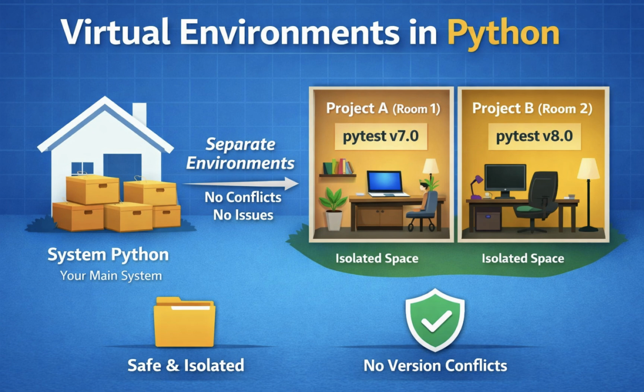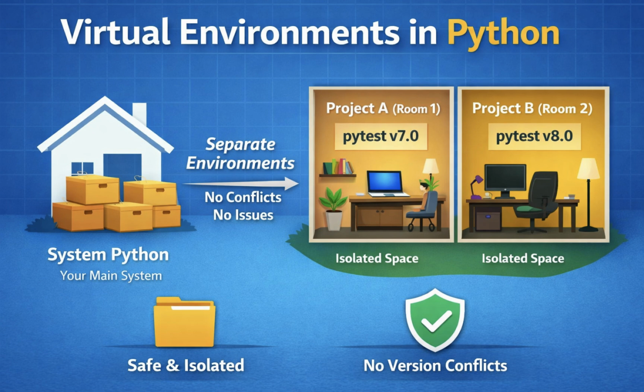So with virtual environments, project A has its own room with PyTest version 7 and project B has a different room, that is a virtual environment, with PyTest version 8. This way they don't interfere with each other, there is no conflict, everything works smoothly. So here is a mental picture for you to imagine this. Each project is isolated, safe and easy to manage.